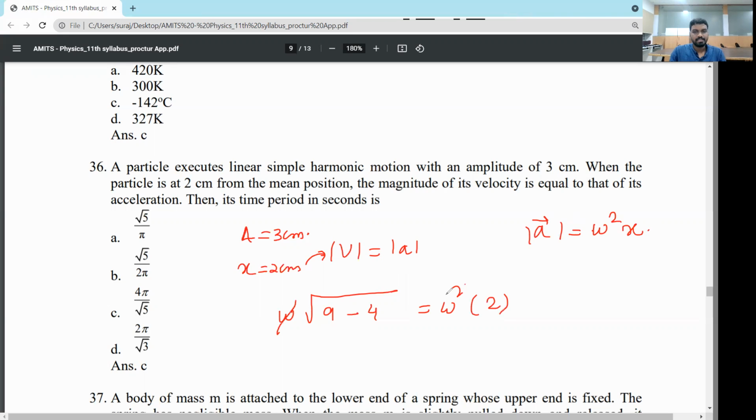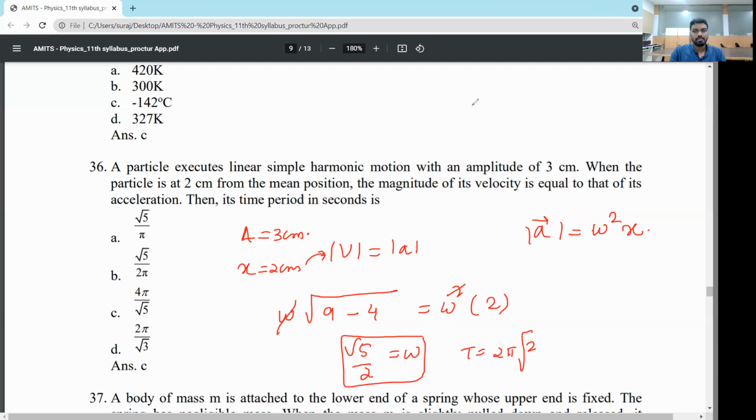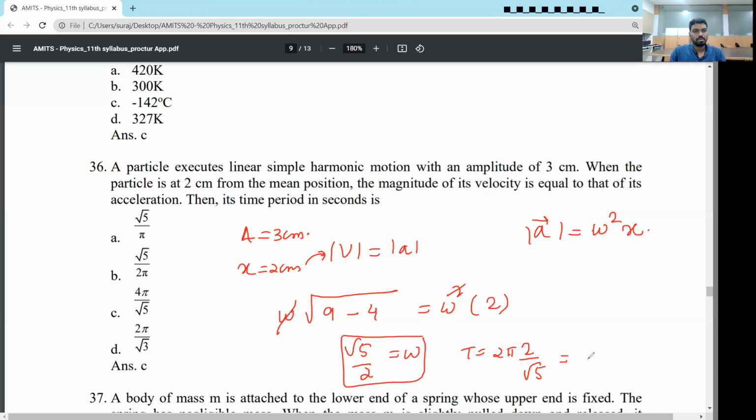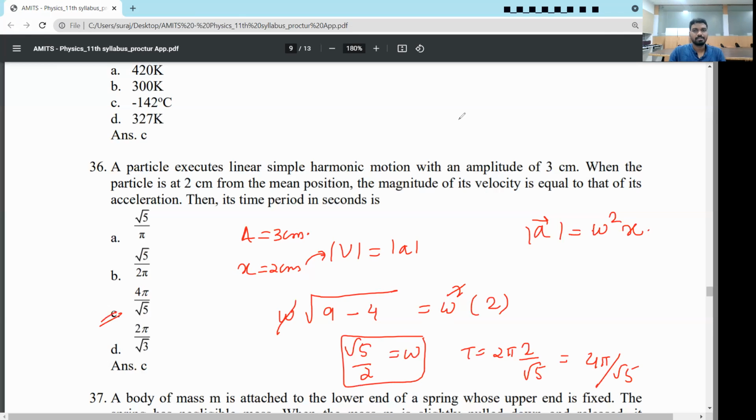So omega gets cancelled. 9 minus 4 is 5, root 5. Root 5 by 2 equals omega. Time period is 2 pi by omega, so 2 pi into 2 by root 5. That is 4 pi by root 5. Option C is correct.